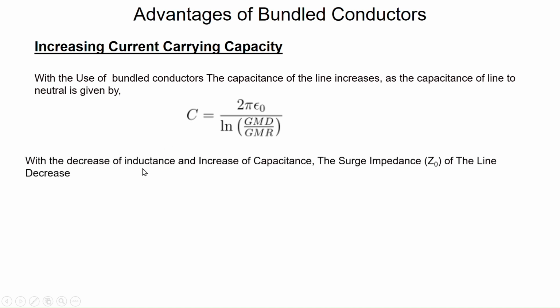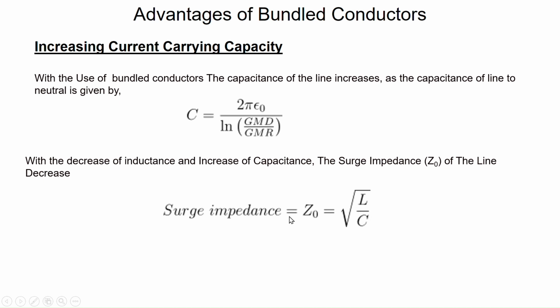With a decrease of inductance and increase of the capacitance, as you can see in the figure, when L gets reduced, C gets increased, the surge impedance of the line decreases. Surge impedance of a line is equal to under root of L by C. When L gets reduced with the bundled conductor, C gets increased.